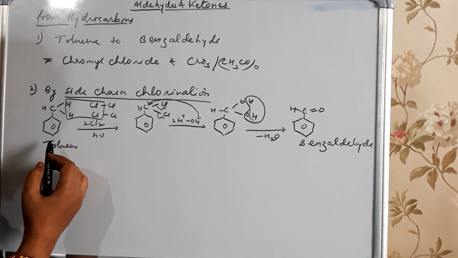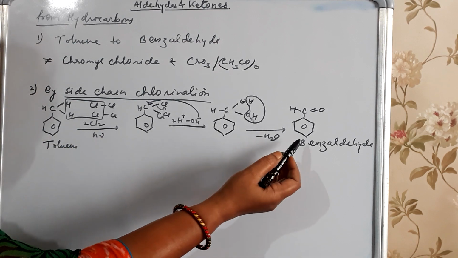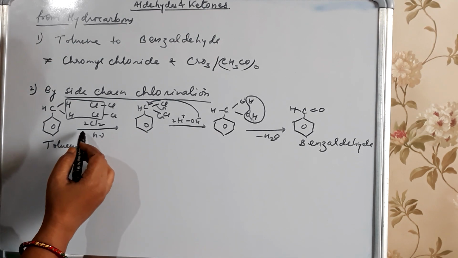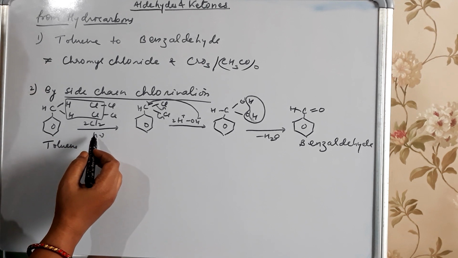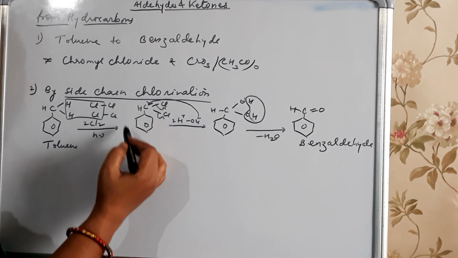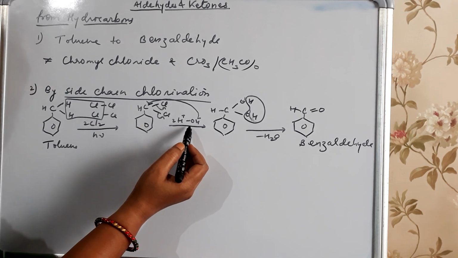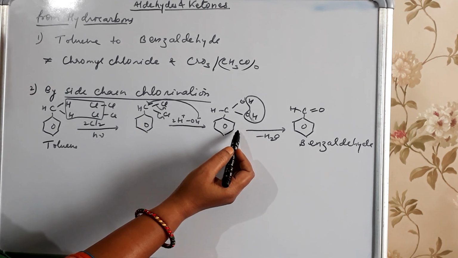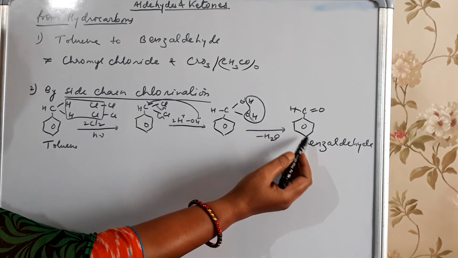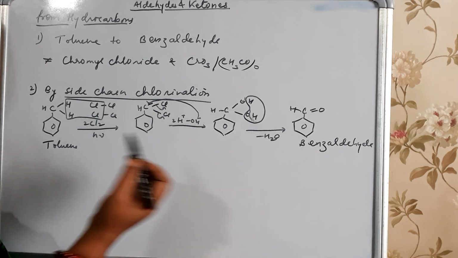By side chain chlorination we can prepare benzaldehyde from toluene. At first toluene undergoes chlorination in presence of light and this compound is treated with hydrolysis, formation of this compound, and after removal of H2O, formation of benzaldehyde takes place.